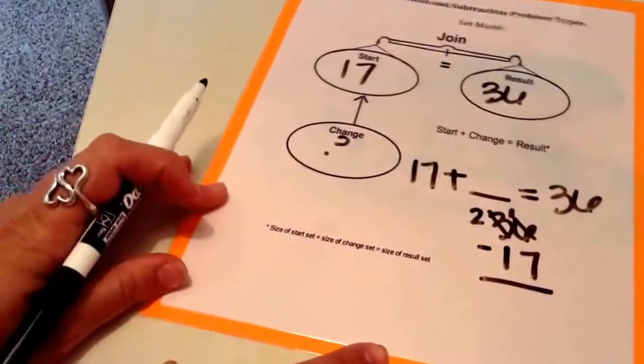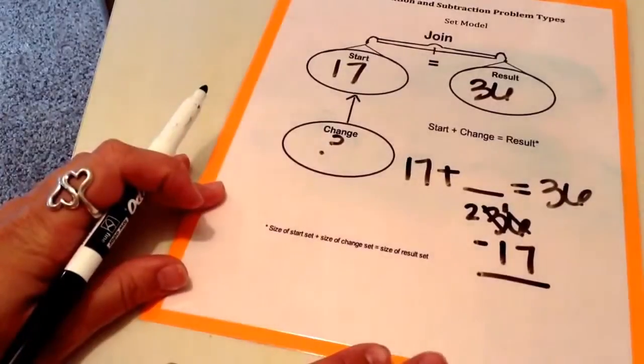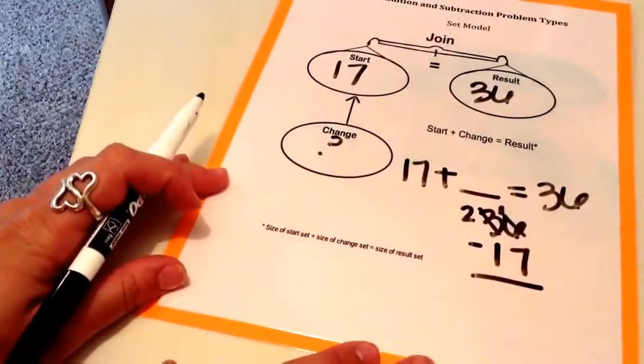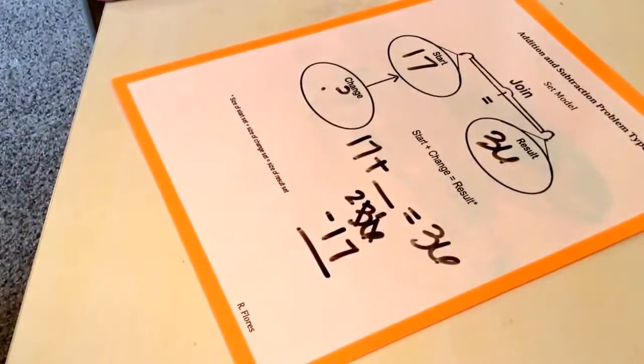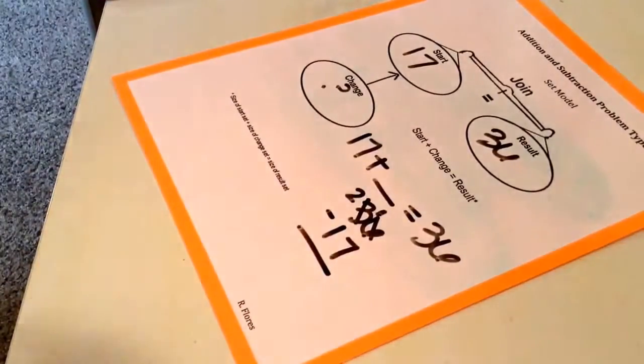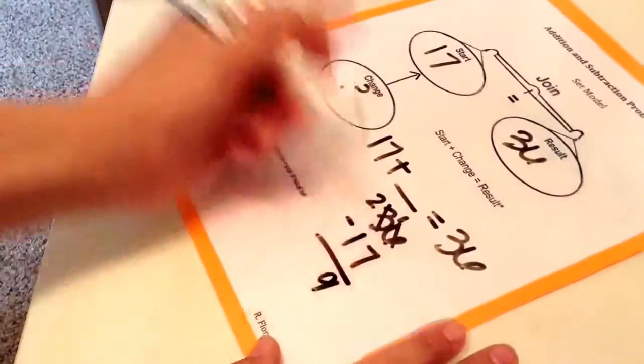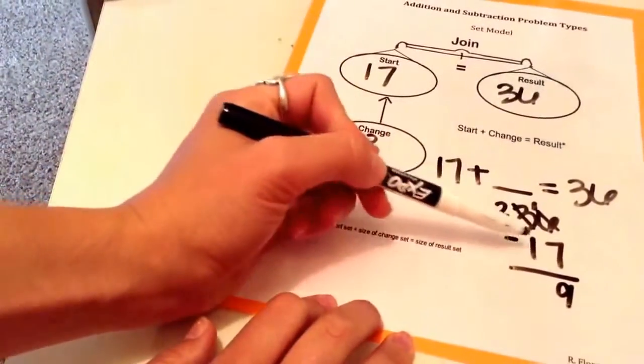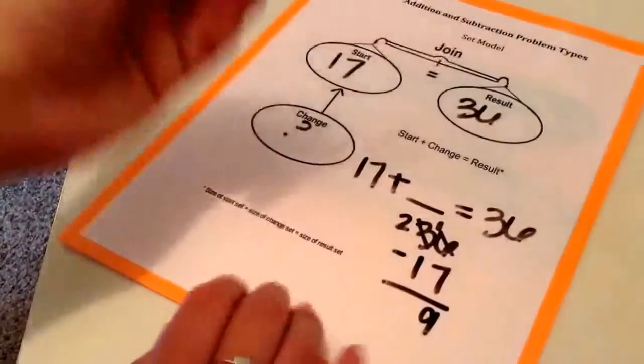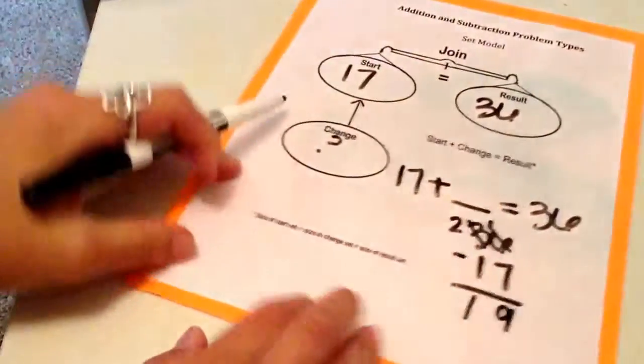So then we have 16 minus 7, which leaves us with 9, and then we can do 2 minus 1, which leaves us with 1.